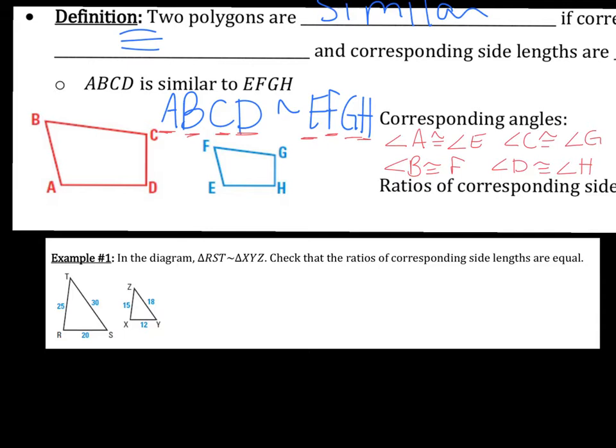Now, the ratios of the corresponding sides should all be equal to each other, and we'll get a word for that here in a minute. But the similar sides you can also get from that similarity statement. AB corresponds to what? It's EF right here. If you just underline those first two, AB corresponds to EF.